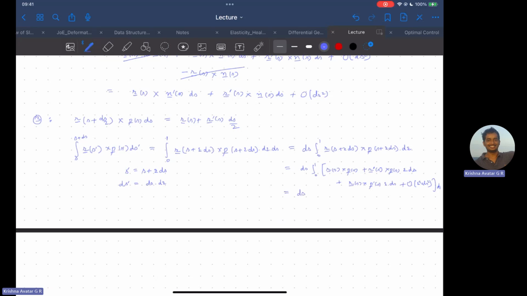So from 0 to 1, r of s cross p of s d epsilon, plus the integral from 0 to 1 of r prime of s cross p of s plus r of s cross p prime of s, times epsilon. The ds will be outside again, and we have epsilon d epsilon plus higher order terms.